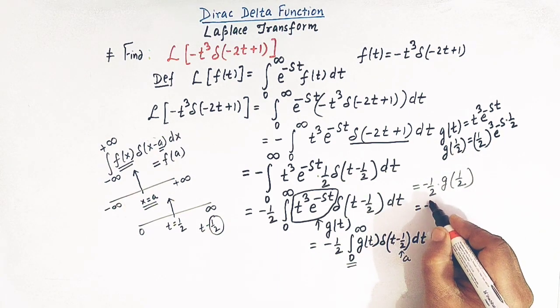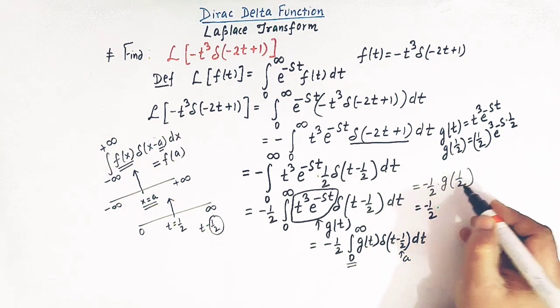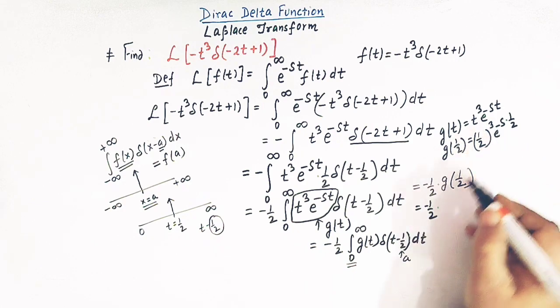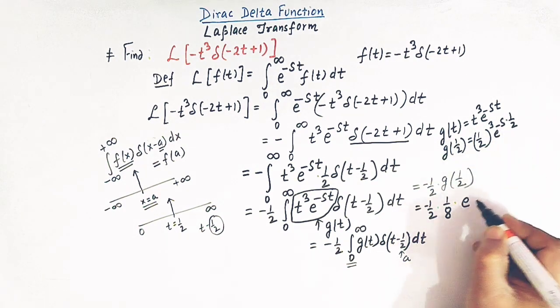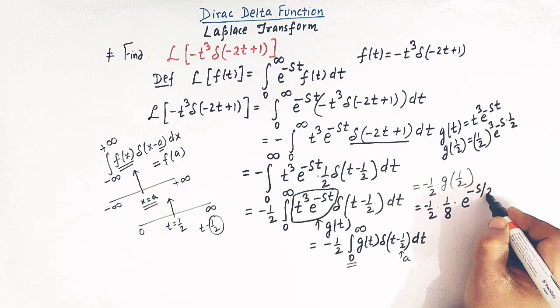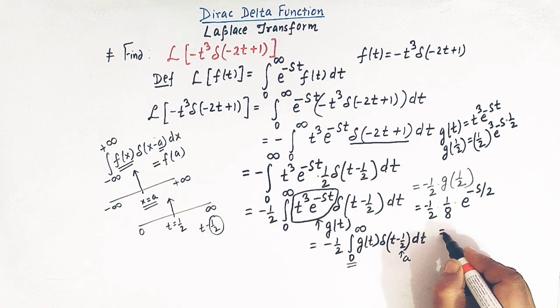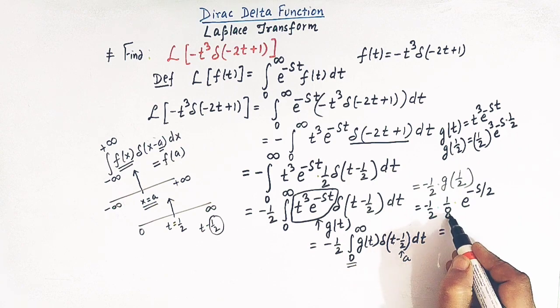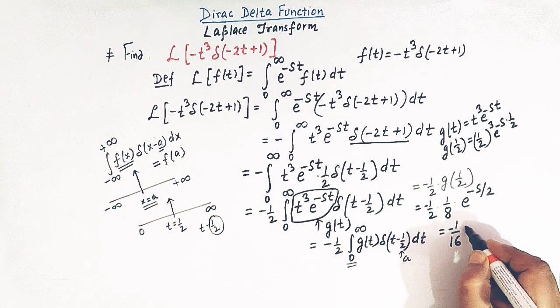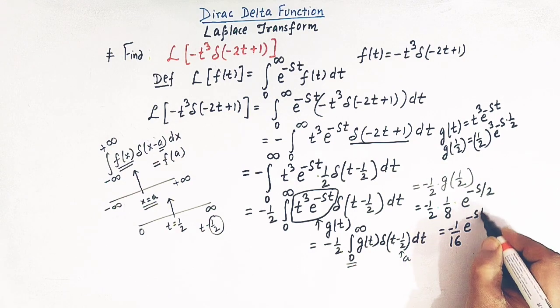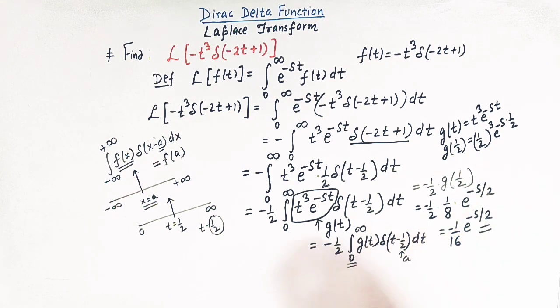So now we have minus half, and g of half is now 1 over 2 cube is 1 over 8, and here we have e raised to minus s over 2, right? So this is 2 times 8 is 16. So we have minus 1 over 16 e raised to minus s over 2, right?